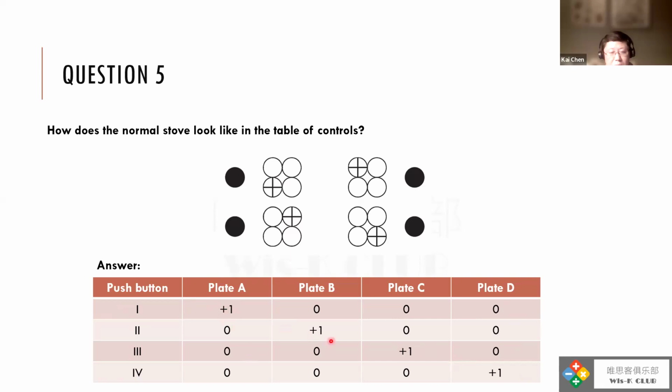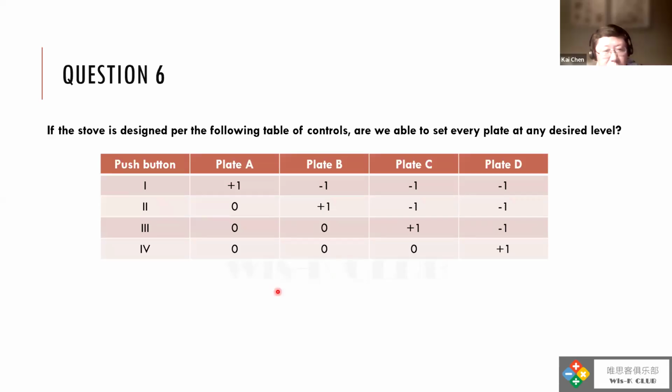So you see the table is quite simple. We have the plus 1 in the diagonal, but for the other places we have all zeros, meaning that each button controls only one plate. So that is how the oven should be. But unfortunately, we have a complex oven. Now, if we have another complex oven like this, compared to the normal one, we also have zeros here, but on this triangle we have a -1.